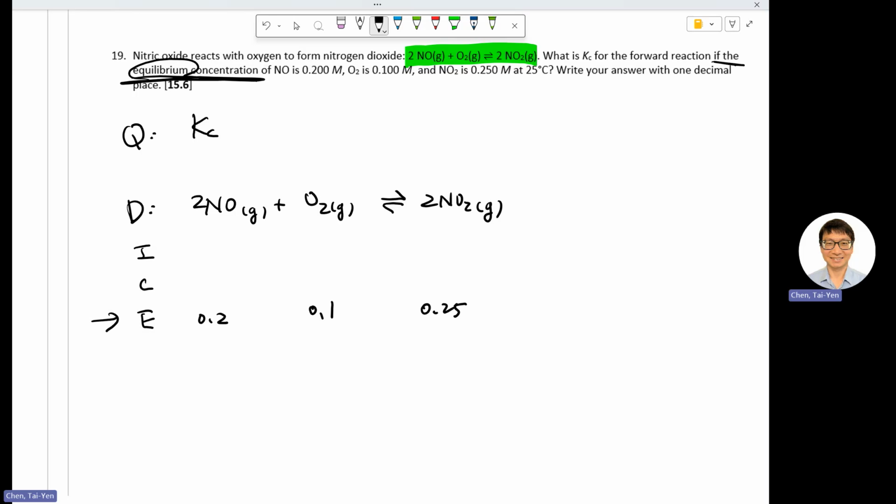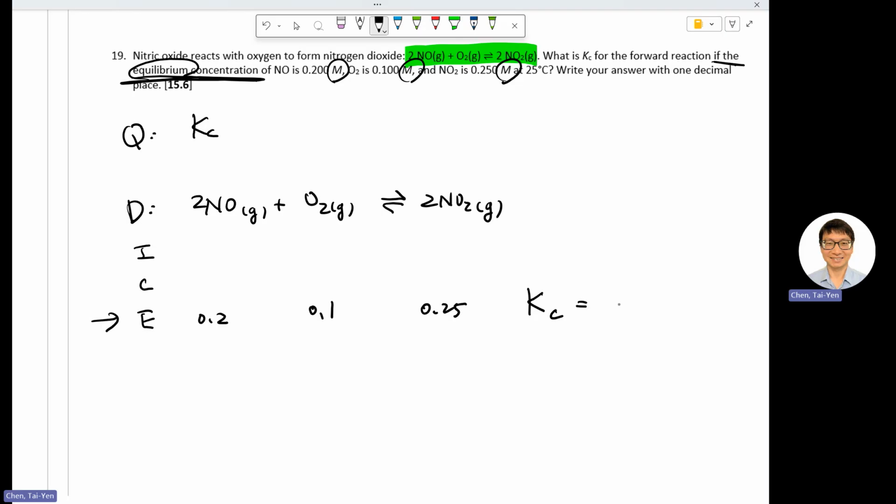And those are the only numbers you can use to put into your K, right? Therefore, all these things have units of concentration, not atm. So what you calculate will be Kc directly.